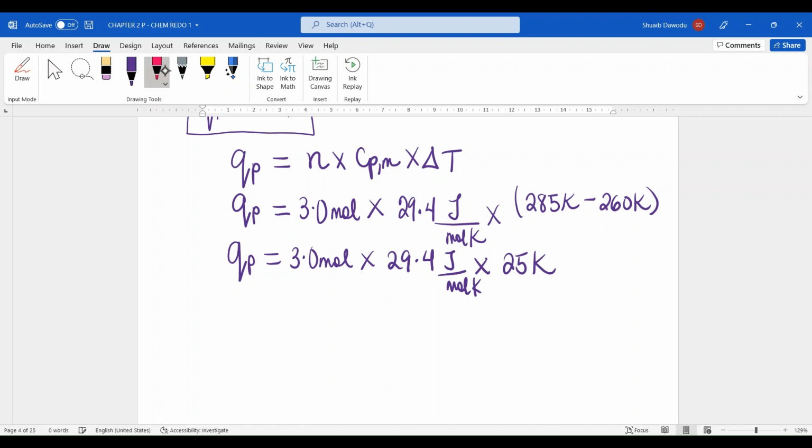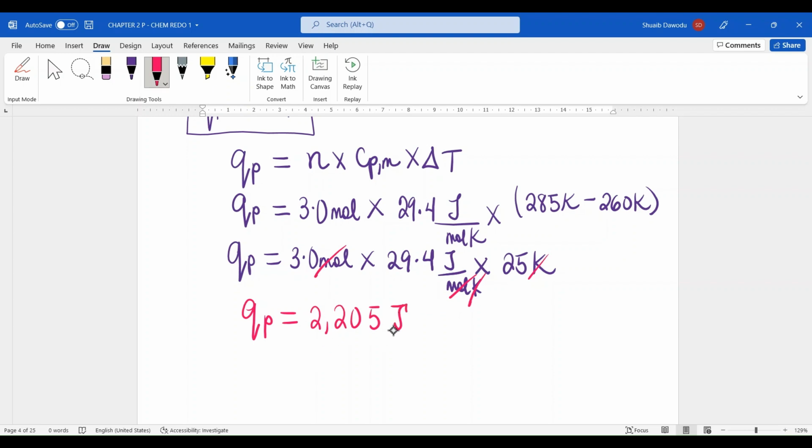You cancel out the Kelvins and the mole, and Q sub P is 3.0 times 29.4 times 25, which is 2,205 joules.